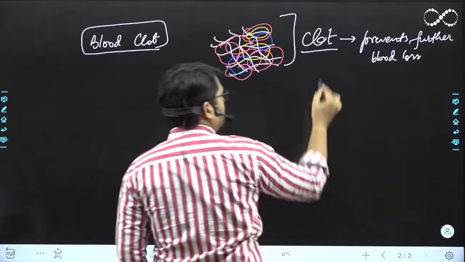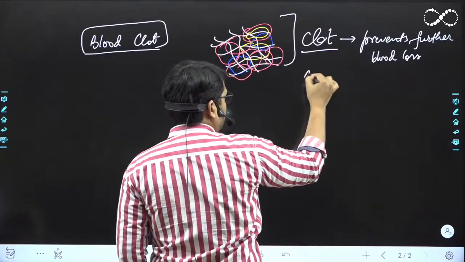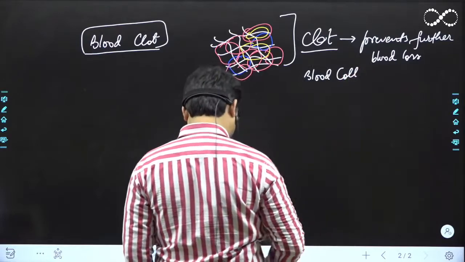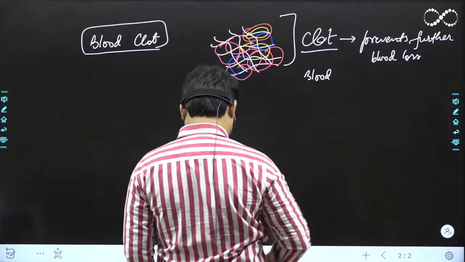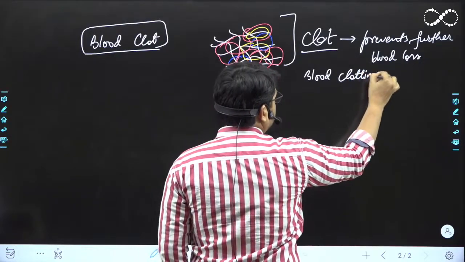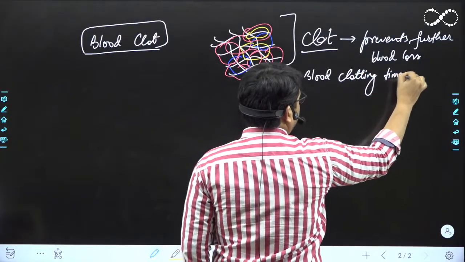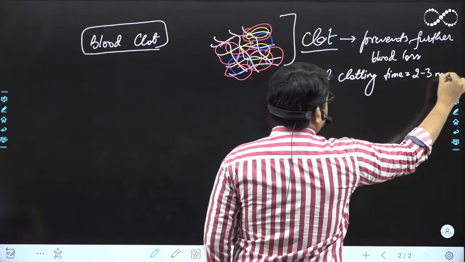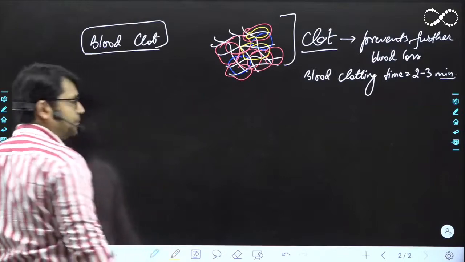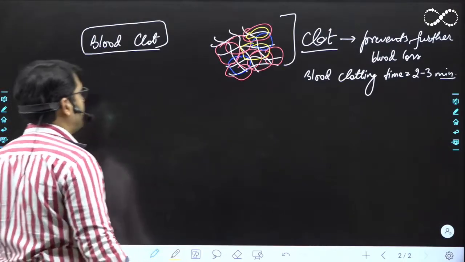okay. If we look at normal blood clotting time, it is around 2 to 3 minutes, ठीक है, तो averagely the blood should form a clot within 2 to 3 minutes, okay.